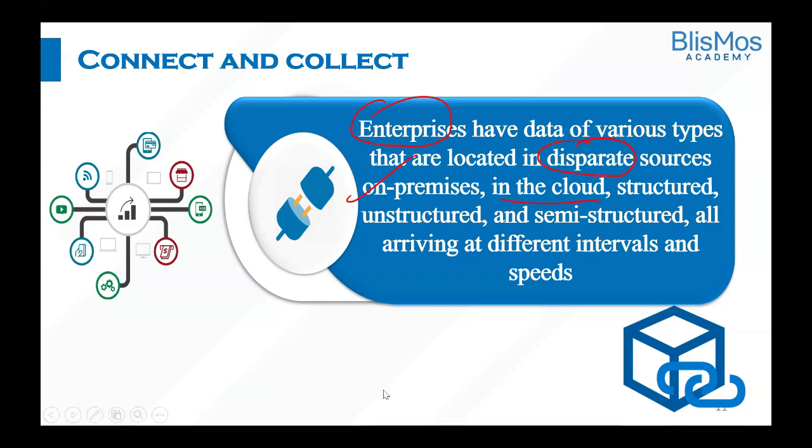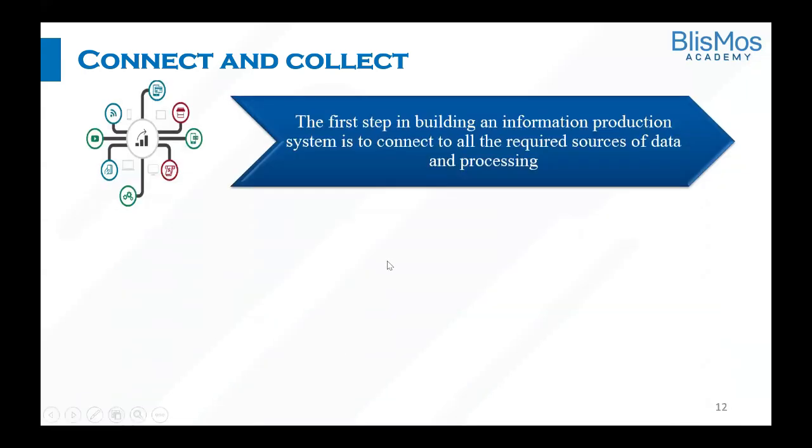So when we have that, it is very important for us to first connect to all the required sources of data and processing. Connecting is also important because let us say we have a data factory and you had an Oracle source. The moment someone goes and says, hey, data factory, please connect to the Oracle, does it happen currently?